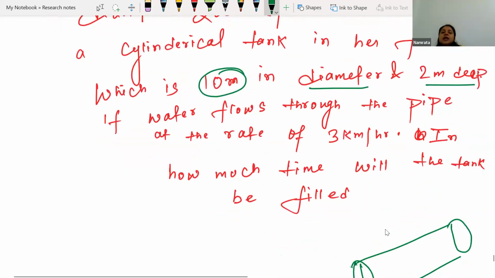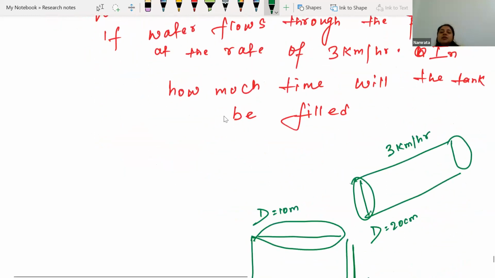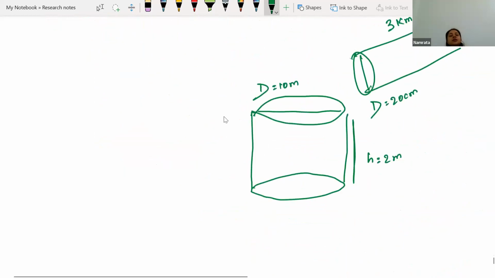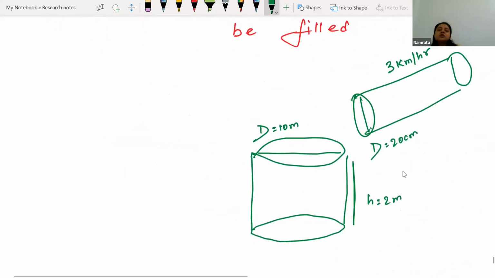So water is flowing at the rate of 3 kilometer per hour. In how much time the cylindrical tank will get filled? Anyone from here? How to do it? What is the total time so that the cylindrical tank will be filled completely?